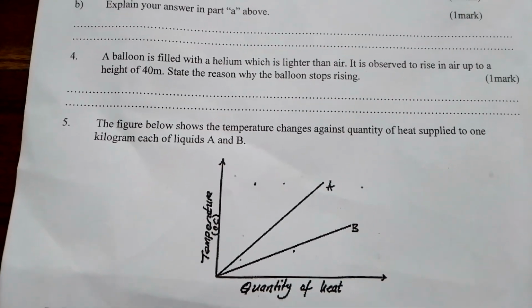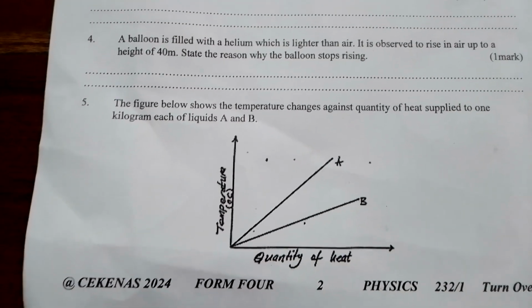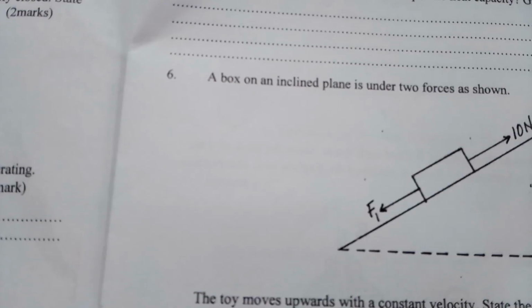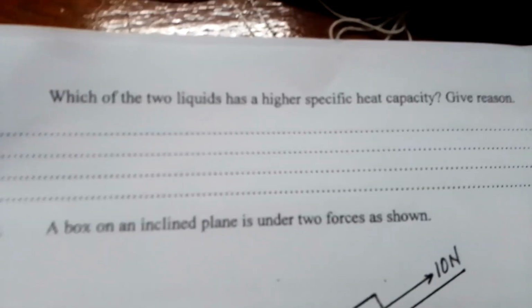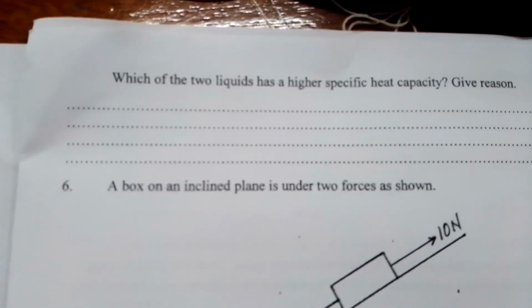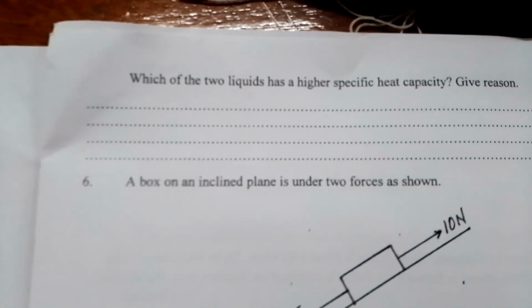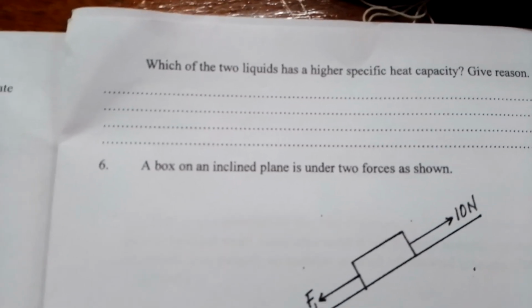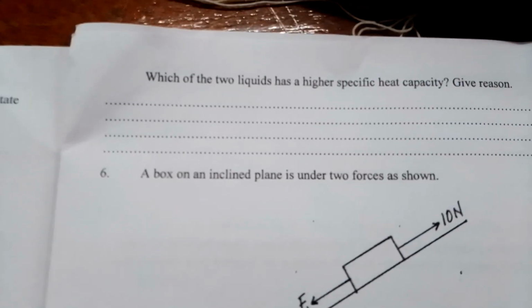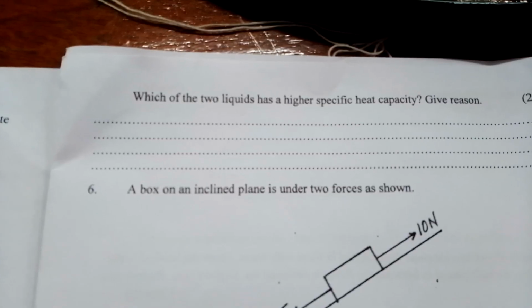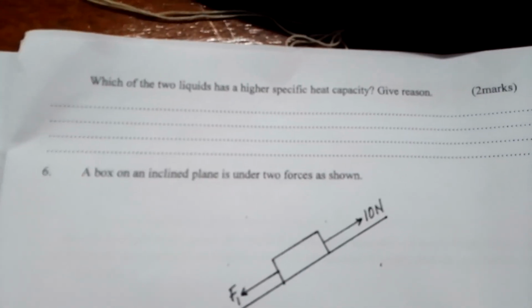So we have 2 liquids A and B. Which of the 2 liquids has a higher specific heat capacity? Give a reason. 2 marks.